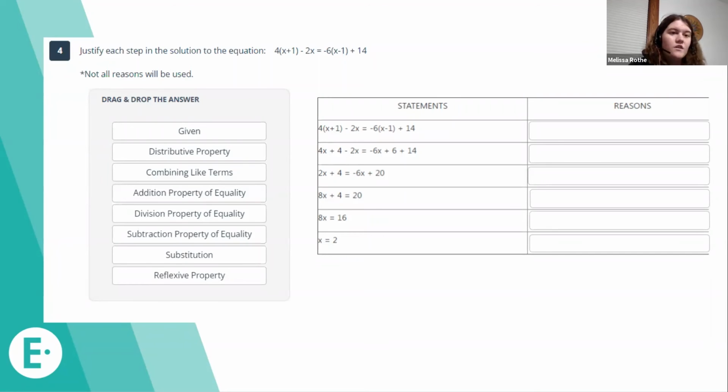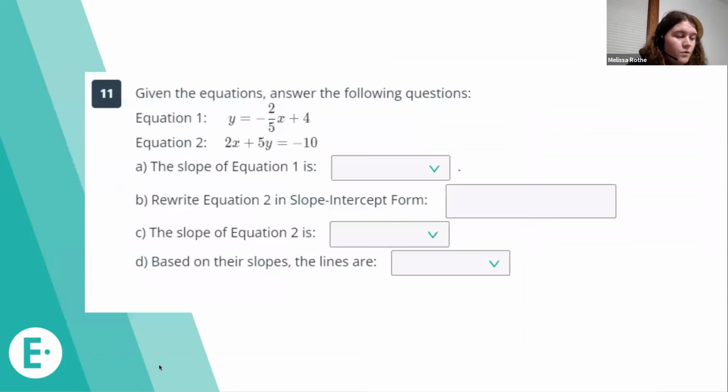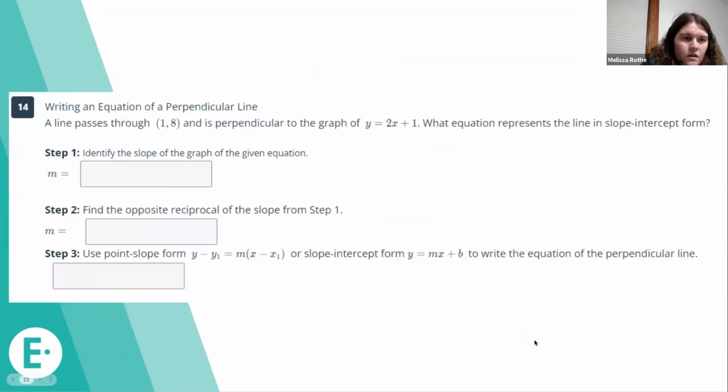A few other examples that we just went over recently. Here they have drop down boxes for A, C, and D, whereas B they have to write in the equation. Next slide. They're asking for the slope of the line given and then the negative reciprocal for step 2, and then the equation.